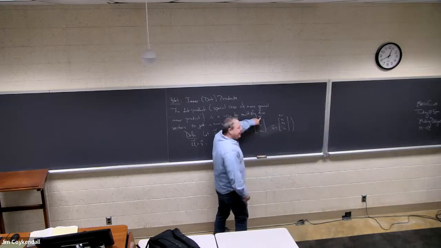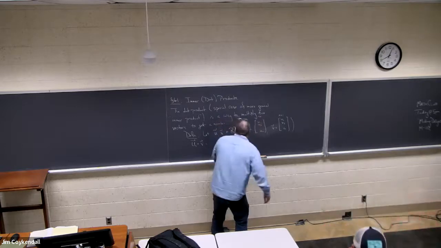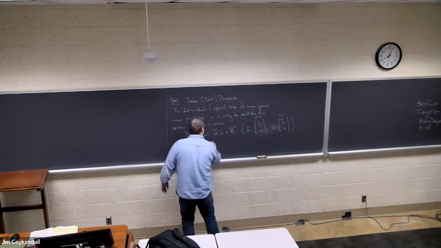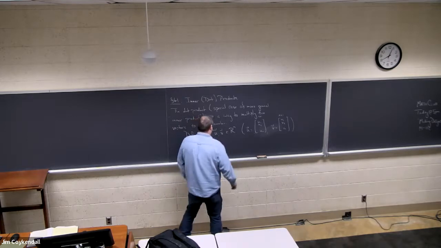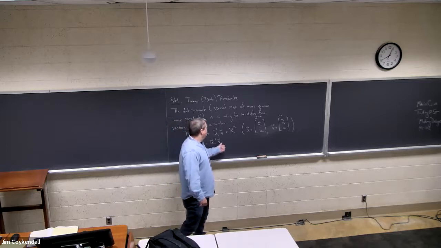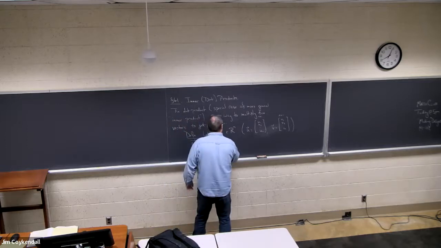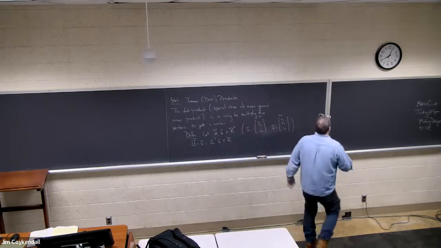If this were 1 by n, I'd be good to go. Everybody agree with that? But it's not, so I can take the transpose. The transpose of this is 1 by n, times n by 1, and this is element by element. And so notice the dot product.